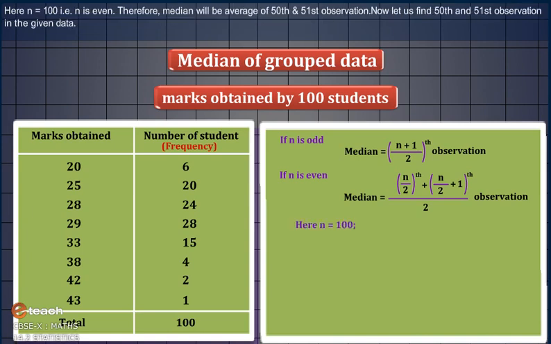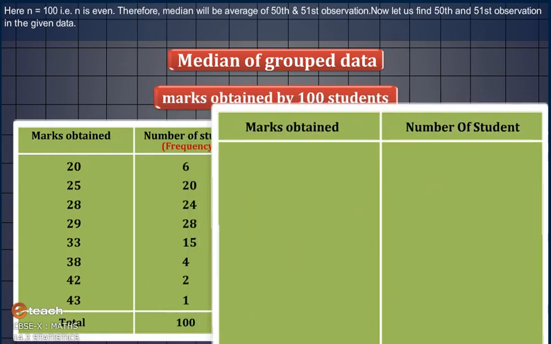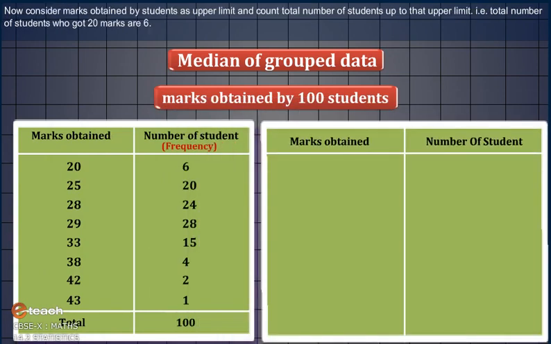Here n is equal to 100, that is n is even. Therefore, median will be the average of the 50th and 51st observations. Now let us find the 50th and 51st observations in the given data. Now consider marks obtained by students as upper limit and count total number of students up to that upper limit.